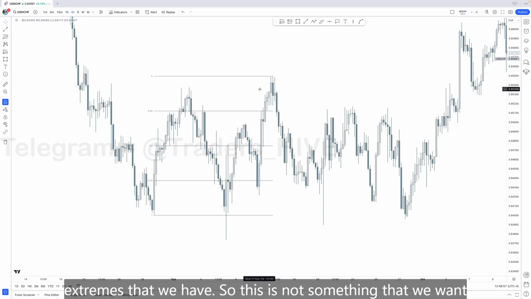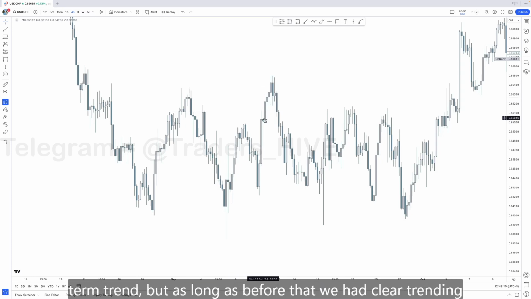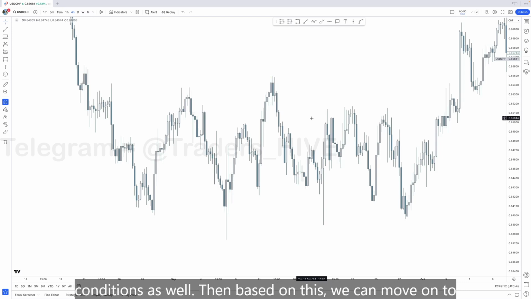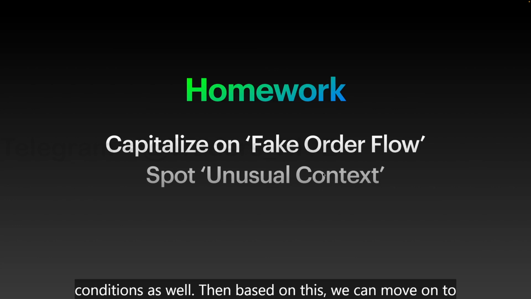So this is not something that we want to pay attention to when it comes to unusual context. Make sure your unusual context is always at least in a very clear trending condition. So again, it can be against the higher time frame trend, but as long as before that we had clear trending conditions as well. Then based on this, we can move on to homework.